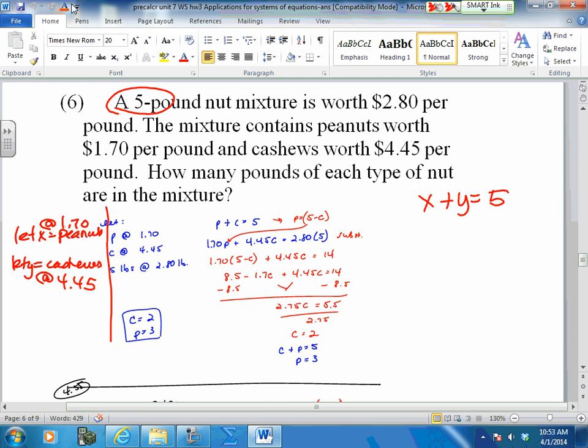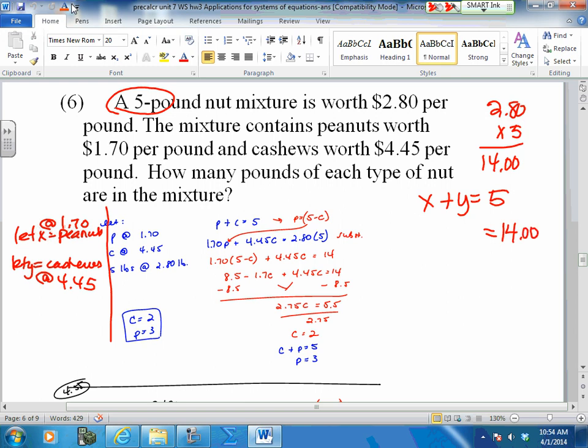My second statement is, I need to find out how much there are. I know if I mix this all up, it's going to be 5 pounds. And she's going to charge me $2.80 a pound. So $2.80 times 5 gives me $14. I'm going to pay $14 for this mixture of nuts.